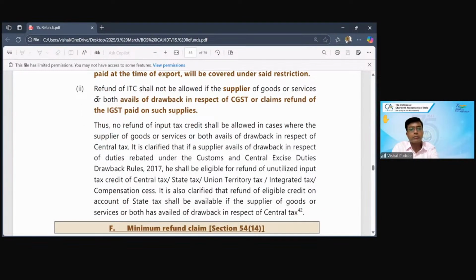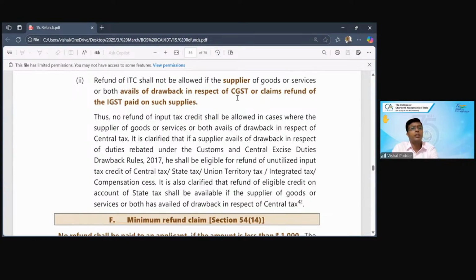Next, refund of ITC shall not be allowed if the supplier of goods or service or both has availed drawback in respect of the CGST or claims refund of the IGST paid on such supplies. So, the second case where I will not give you refund of your ITC is where you are claiming that ITC in the form of drawback.